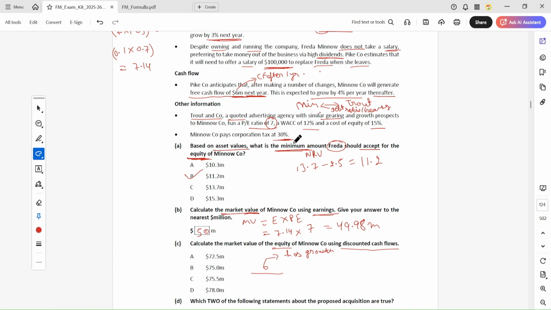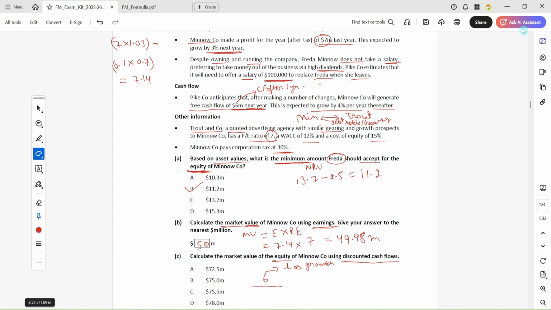Now we will divide it by WACC and deduct the growth rate, which is 4%. Now we have to solve it.